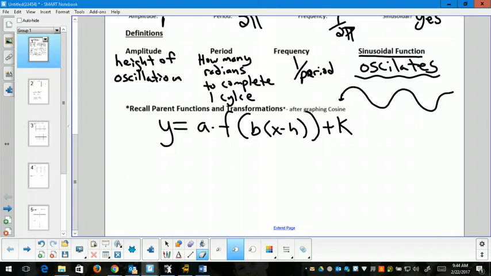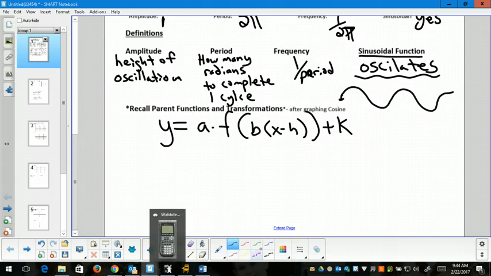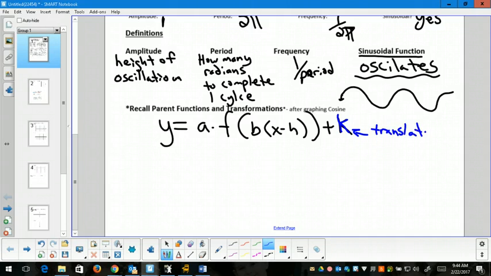K tells you how the function shifts up and down, vertical translation. And it's exactly as we see it. We're going to change these letters a little bit as we do our trig functions. But basically, K is a translation up if it's positive, or down if it's negative, K units.